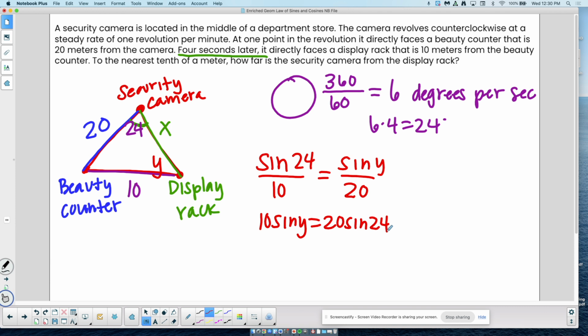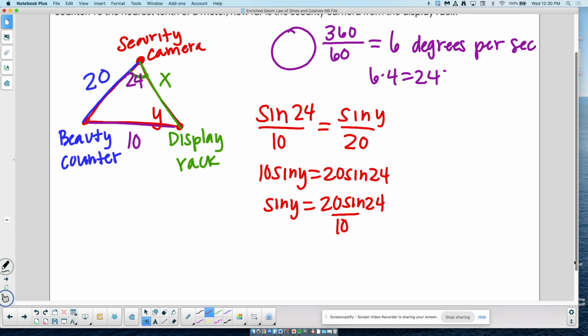Divide by 10. And then we got to take the inverse because we're looking for that angle measure. So if we take the inverse, y should be 54.4. So now we just found this angle here to be 54.4.